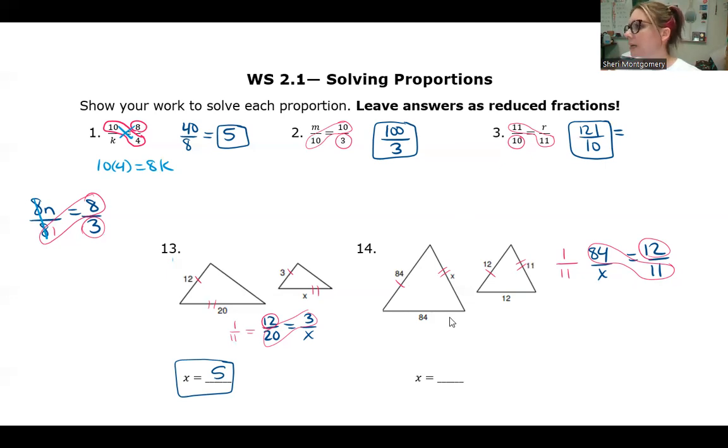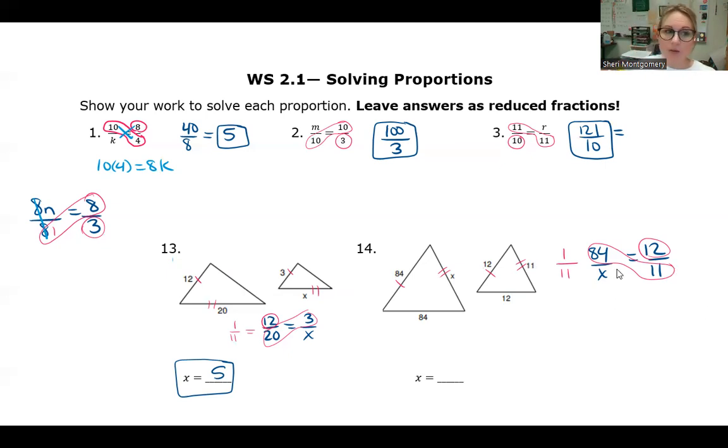Because you can only use 2 side lengths at a time. I just picked this to be side length 1 and that to be side length 2. Do y'all agree that that side length matches with this one? Okay, so then it's the 1 to the 2 and then the 1 to the 2. That's all I'm doing is setting it up.